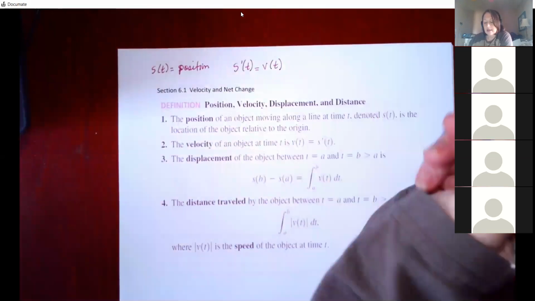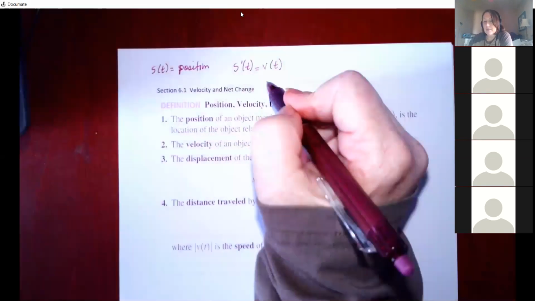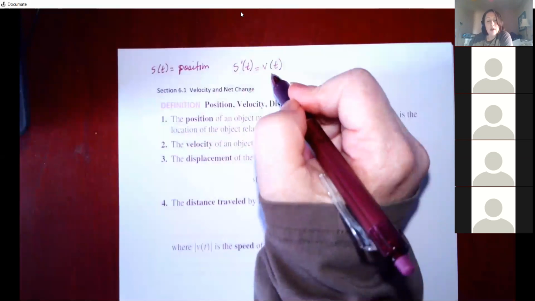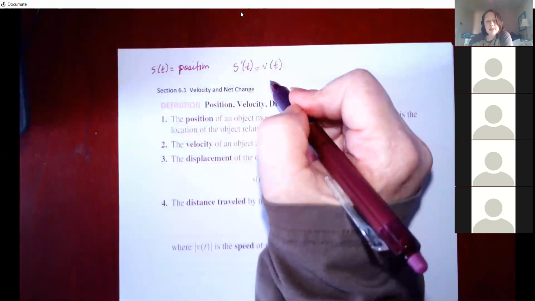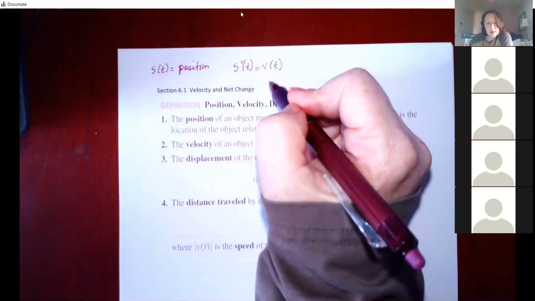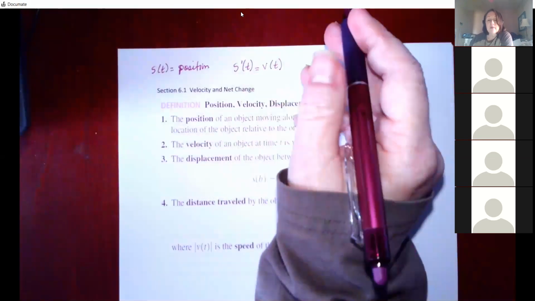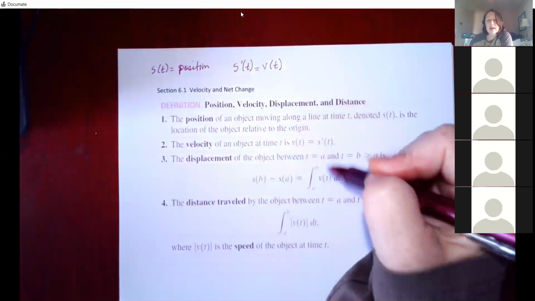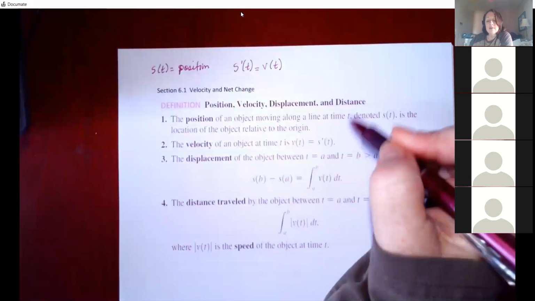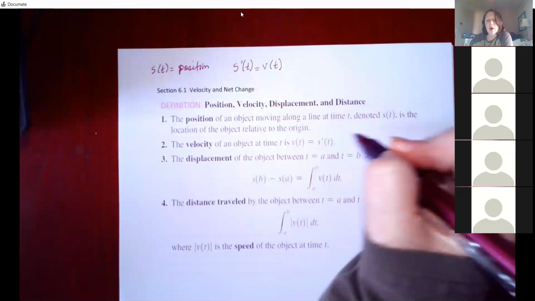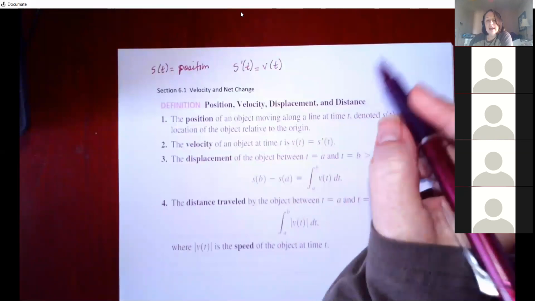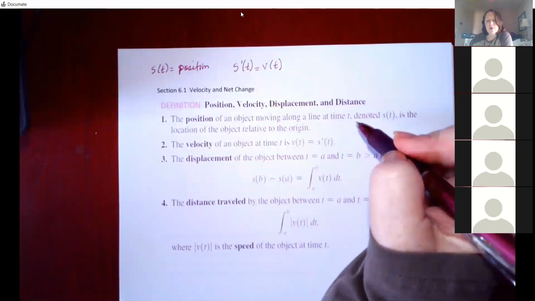Now remember, velocity is basically directional speed, right? Speed's always positive, but velocity can be positive, negative, or zero. When velocity is positive, you're moving in a positive direction, and depending on whether you're oriented up and down or sideways, you're either moving to the right or up. When velocity is negative, you're either moving to the left or down.